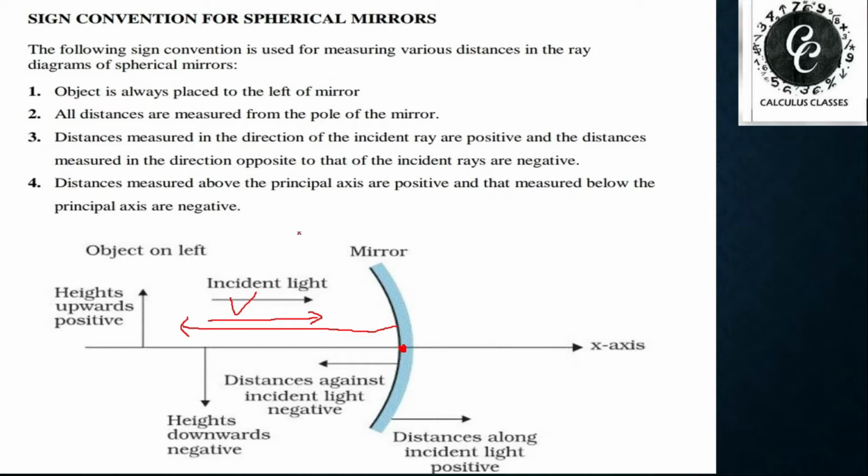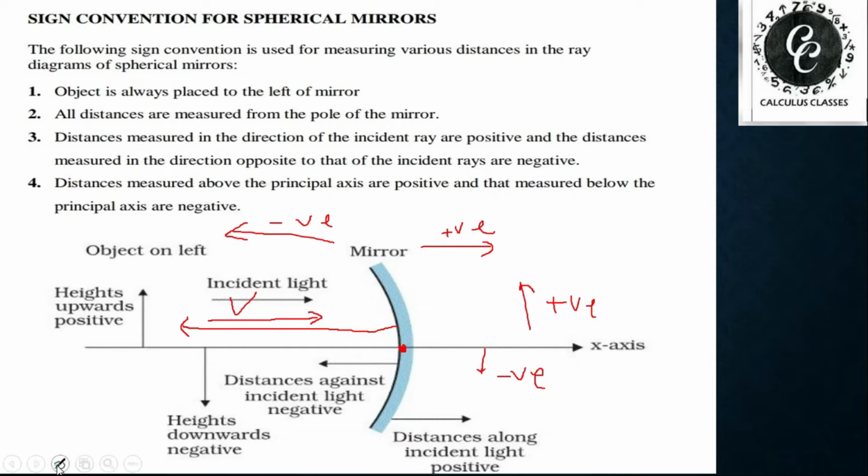Distances measured above the principal axis are positive and below the principal axis are negative, as we discussed. So in this direction all the distances will be negative, and in this direction all the distances will be positive. Below the principal axis we take negative distances, and above the principal axis, in the upward direction, we always take a positive sign.